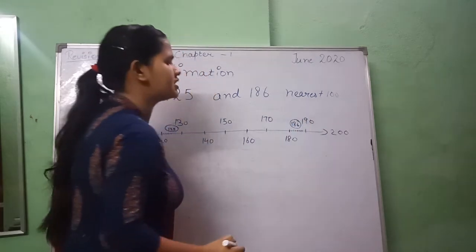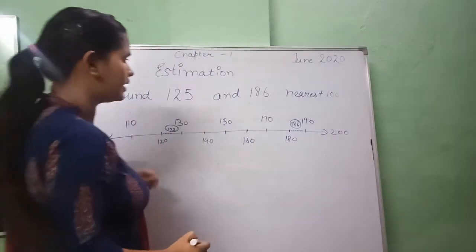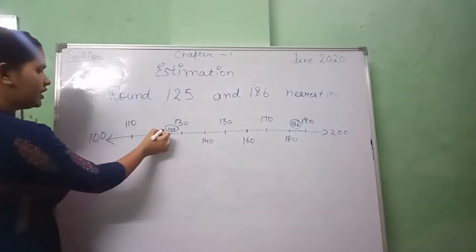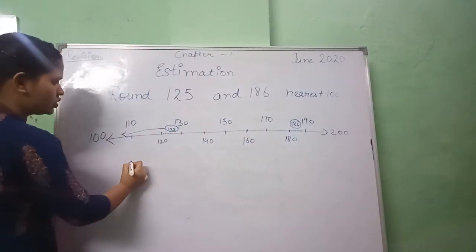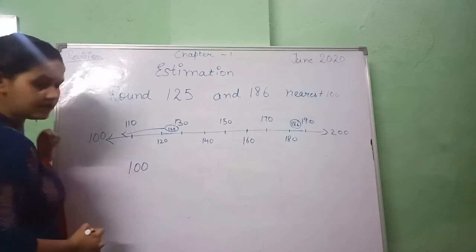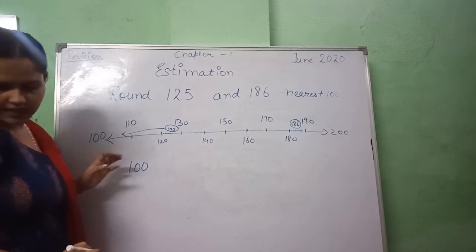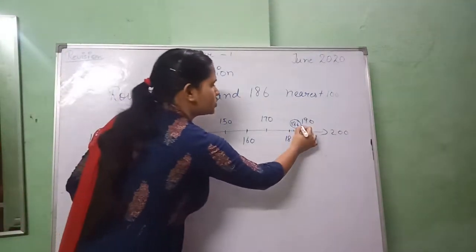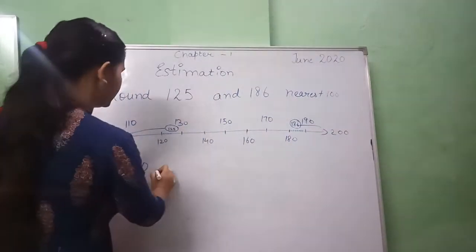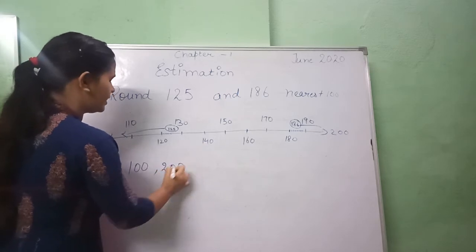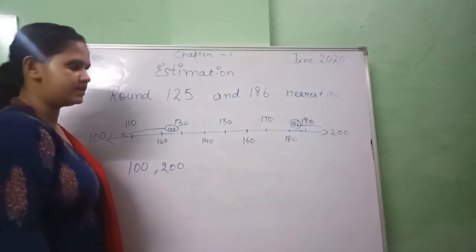So this is nearest to 200, and 125 is nearest to 100. So what we will get? 100, which is down to 100, and the other one goes to 200. So the estimation answer is 100 and 200.